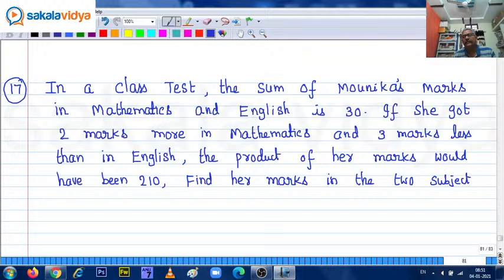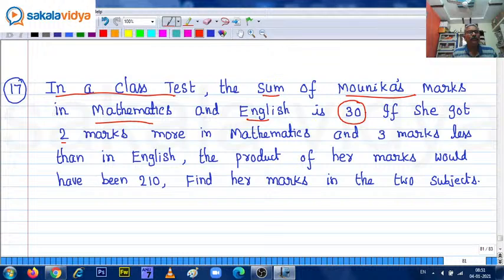This is the question. All of you look at the screen, note down the question. Just try to understand the question first of all. In a class test, the sum of Mounica's marks in mathematics as well as in English is 30.